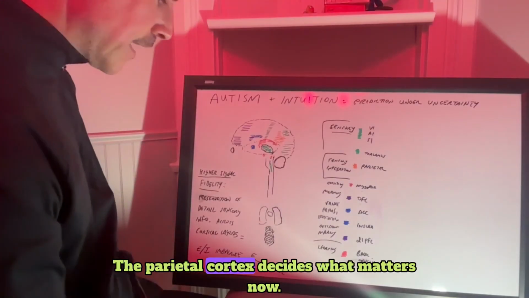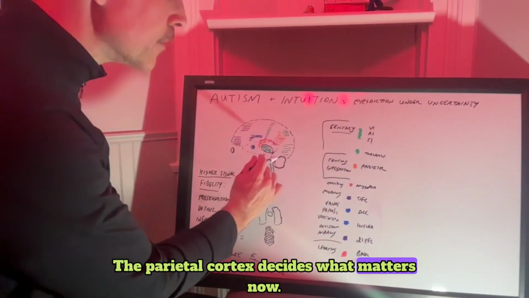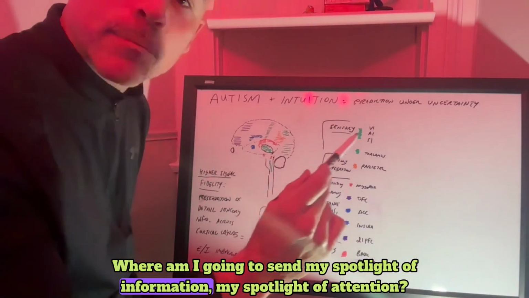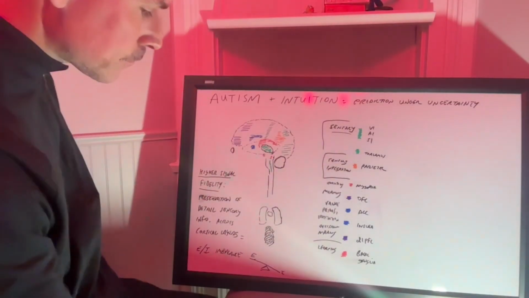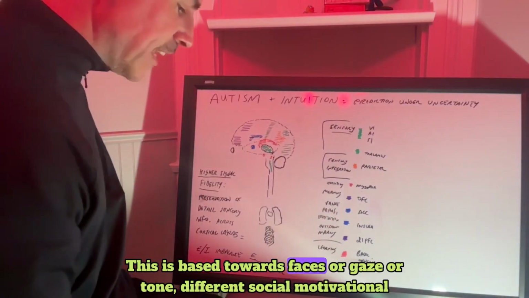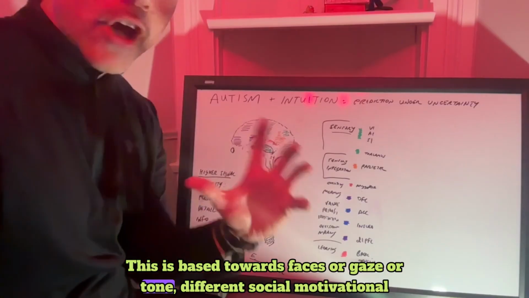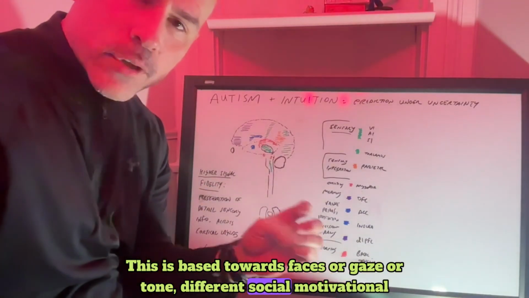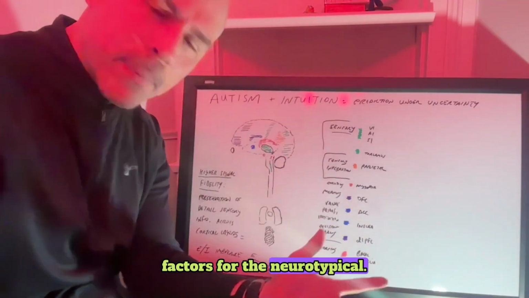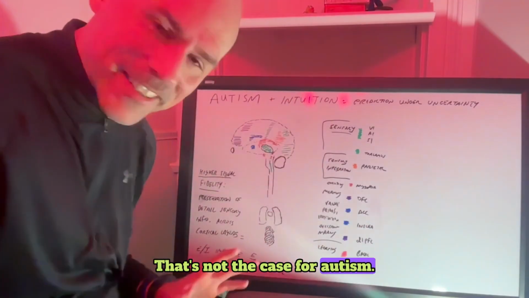The parietal cortex decides what matters now. Where am I going to send my spotlight of information, my spotlight of attention? And this is salience, okay? This is biased towards faces or gaze or tone, different social motivational factors for the neurotypical. That's not the case for autism.